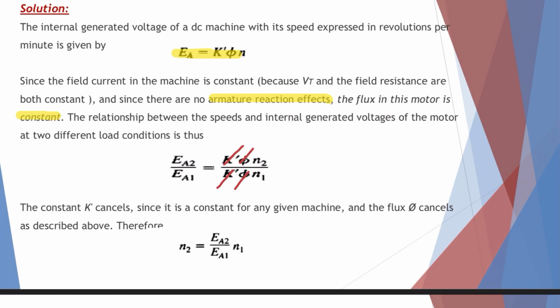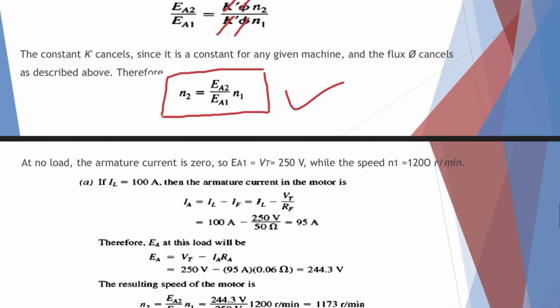So we can calculate this equation. Memorize this equation, guys: N2 will equal EA2 over EA1 multiply N1. We will use this equation to find the speed at any value of input current.